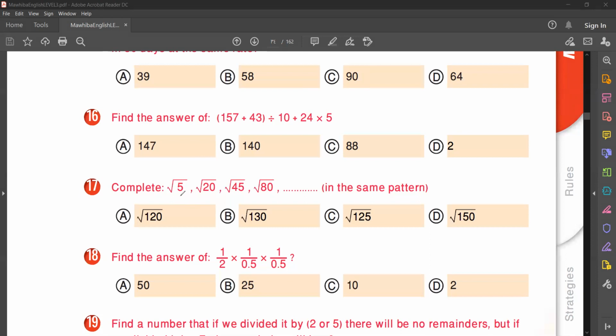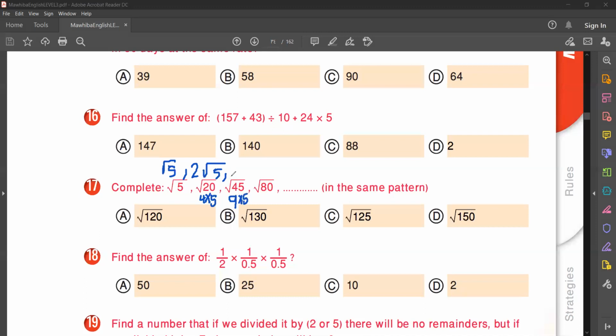You analyze it. Here, square root of 5. What about 20? 20 is 4 times 5. 4 goes out. You write 2 square root of 5. What about this? Also, this is 9 times 5.